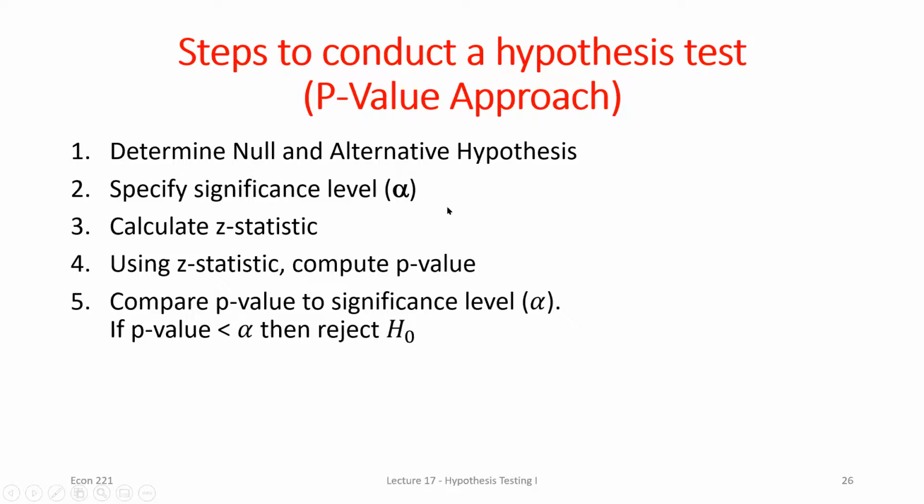Identify the null and alternative, figure out if we have a left-, right-, or two-tailed test, and choose alpha, or we could test against all three levels of alpha. Then calculate our test statistic from our sample mean in this case. Once we have that z-statistic, use the standard normal distribution to look up the p-value. Final step, compare our p-value to alpha. If it's less than alpha, we reject. If it's not, we fail to reject.